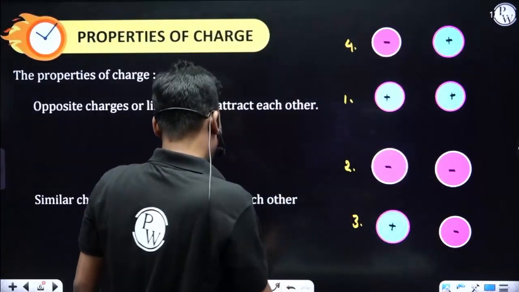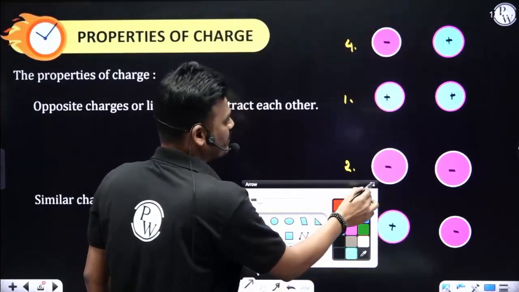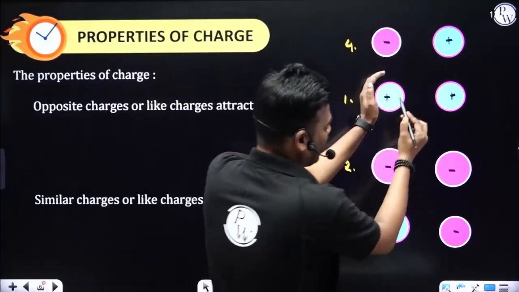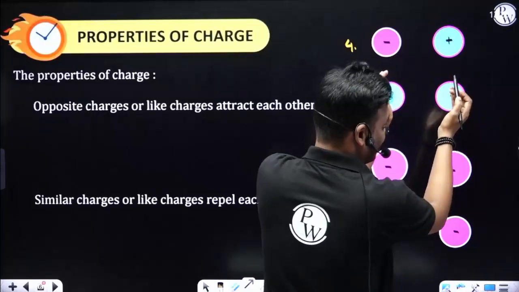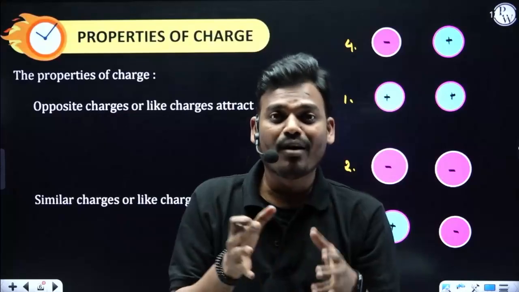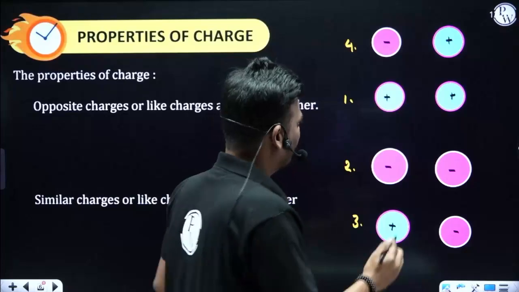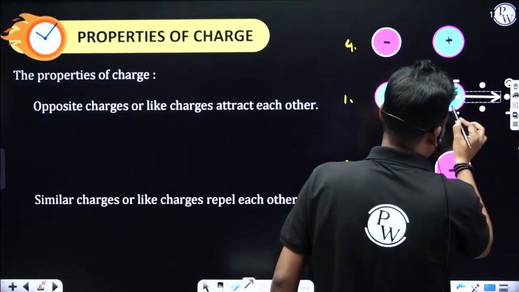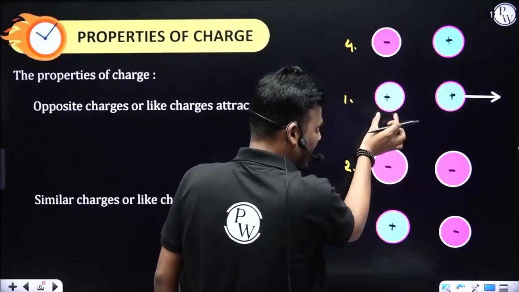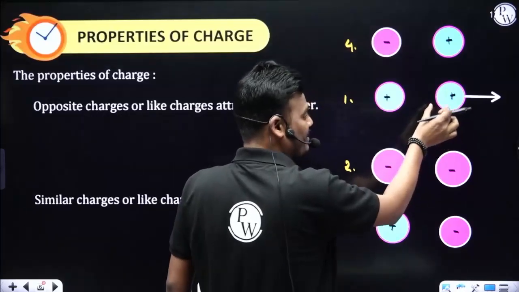Now what will happen if we bring two like charges together? This charged particle will exert a force on the other charged particle. What kind of force can we expect? That is the force of repulsion. This particle tries to move away from this position. Why? This charge is exerting a force on this charge, but it is not a force of attraction, it is a force of repulsion.